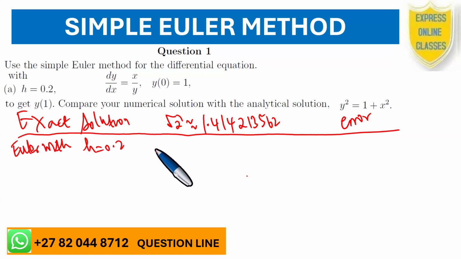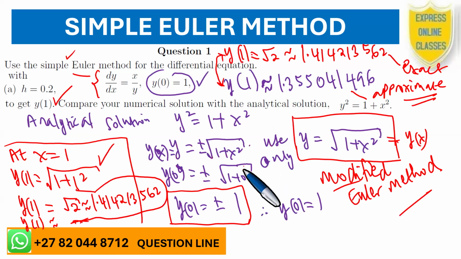And then we were able to get the Euler, and then it became 1.355041496. Okay, that is what we got.